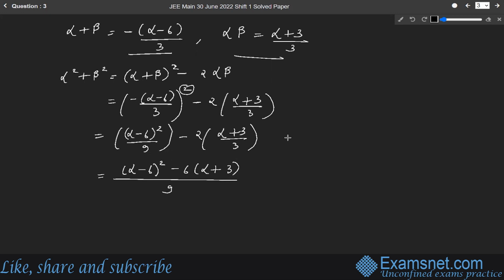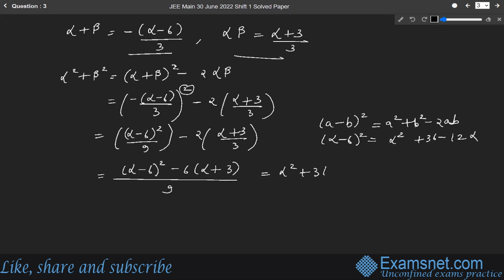All right, so when we solve it, it will be (alpha minus 6) square. This is in the form of (a minus b) whole square. (A minus b) whole square is a square plus b square minus 2ab. Similarly, (alpha minus 6) square will be alpha square plus 36 minus 2 into alpha into 6. It is minus 12 alpha. So (alpha minus 6) whole square will be alpha square plus 36 minus 12 alpha. Minus 6 into alpha is minus 6 alpha.